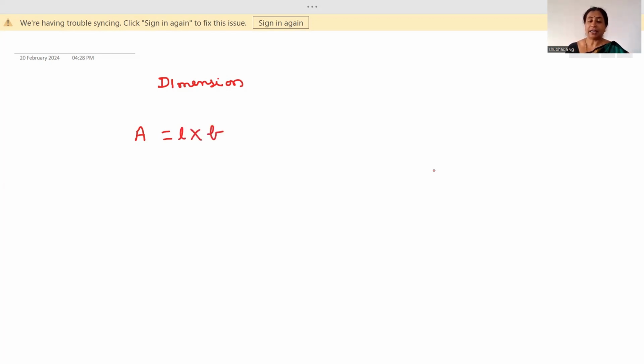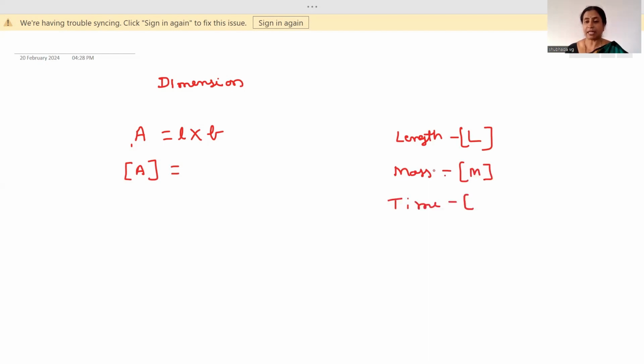The dimension of area, and dimension is always written inside square brackets. Here, the fundamental physical quantity length is represented as L, mass as uppercase M, and time as uppercase T.